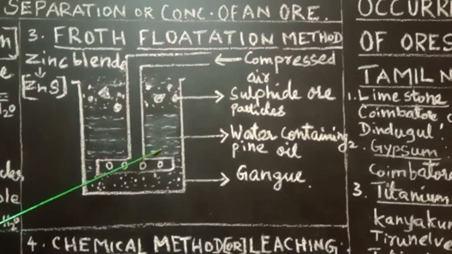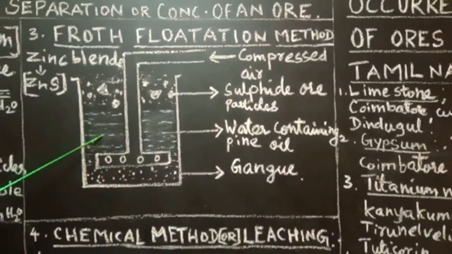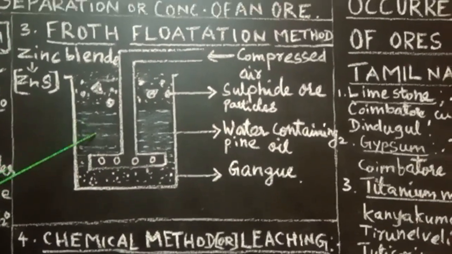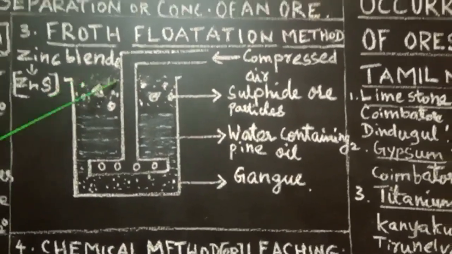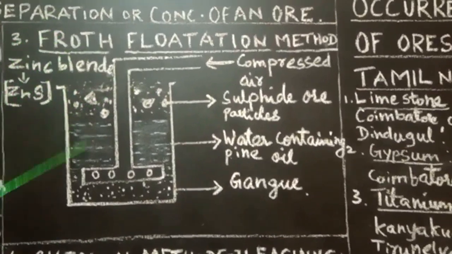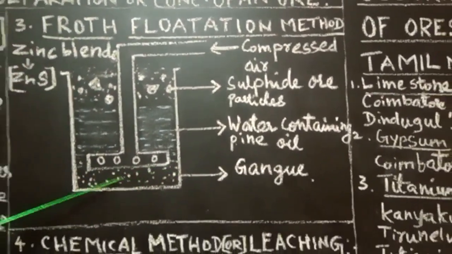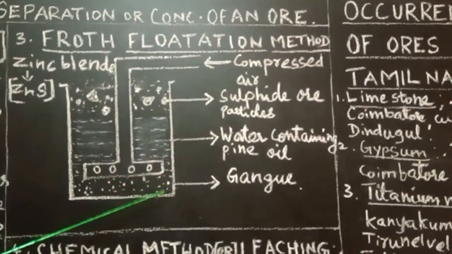Here the mixing is taking place by agitating. Here the ore is wetted by the pine oil and it comes to the surface with a froth. Next, the gangue settles down at the bottom of the iron tank.